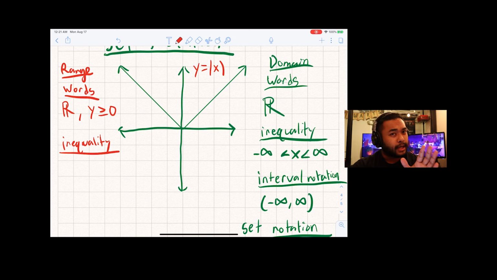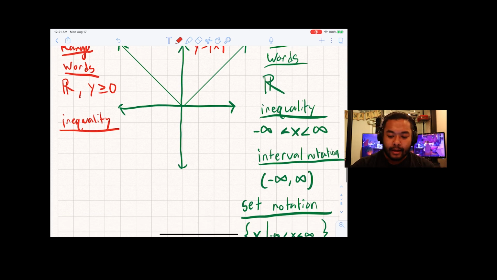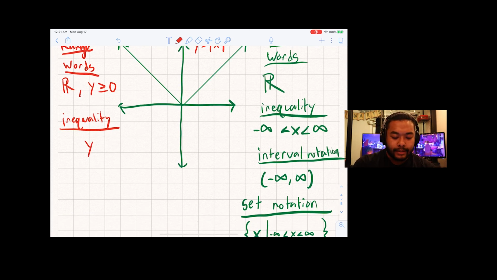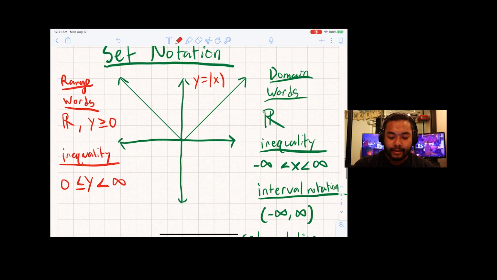Inequality. What do you think? Pause. Play. Y is greater than... what do we think? Greater than or equal to 0 and less than positive infinity. Because it starts at 0, keeps going up and up and up.